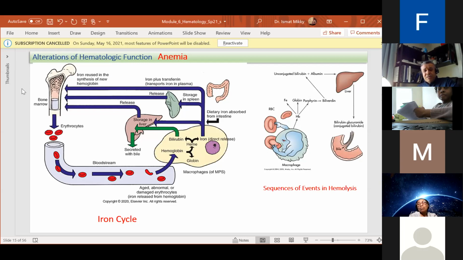The bilirubin is supposed to go to the liver, be secreted with bile, and be released in the bowel movement.